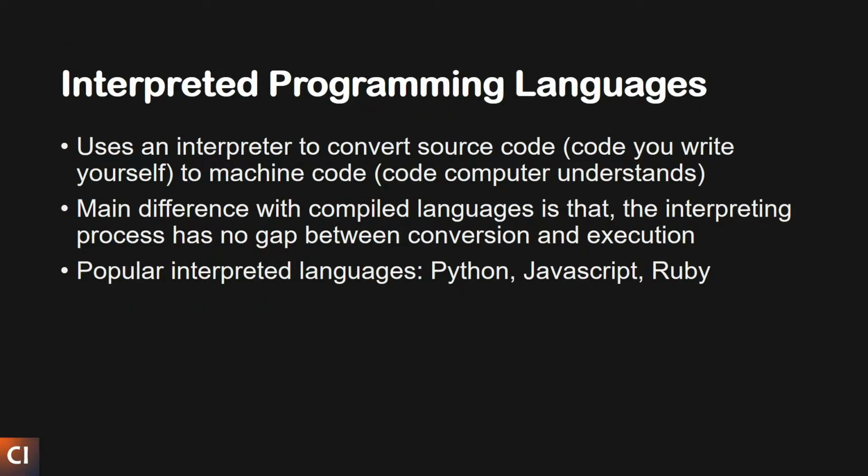Now, interpreted programming languages. People usually get interpreted and compiled a bit twisted, but I'm going to make it clear in this video. For an interpreter, just like compiled languages, you also need to convert the code into machine readable code. But the difference is that the interpretation occurs at the same time as the execution.